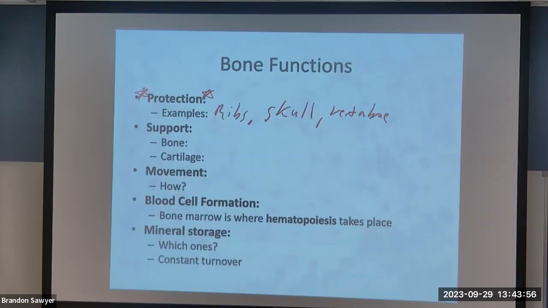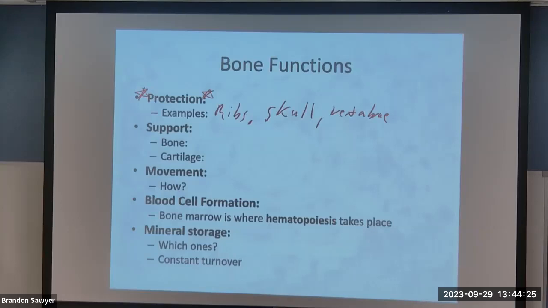Go ahead, Wesley. Would you say the collarbone is also one? Because I know it's supposed to break before your neck does, so it's kind of like compression. Could you consider that? Yeah, I would say we could probably come up with examples for bones being protective in most cases, especially axial bones, because there's always organs or large blood vessels underneath them.